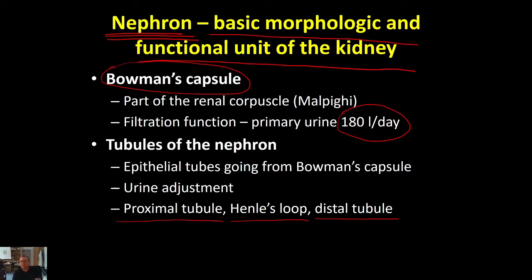Each nephron has Bowman's capsule, proximal tubule, Henle's loop, and distal tubule. Proximal tubule, Henle's loop, and distal tubule are important for urine adjustment, for the reduction of its amount, of course, for back filtration of many substances which were filtered into the primary urine in the renal corpuscle.